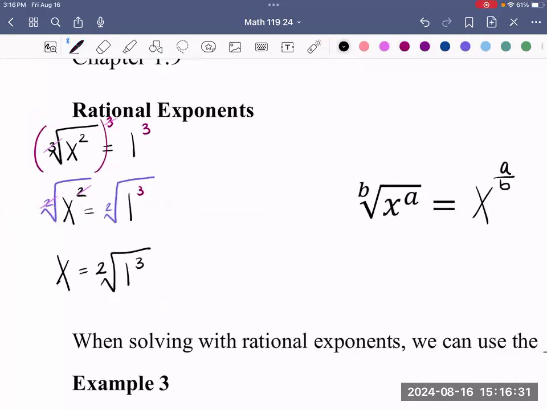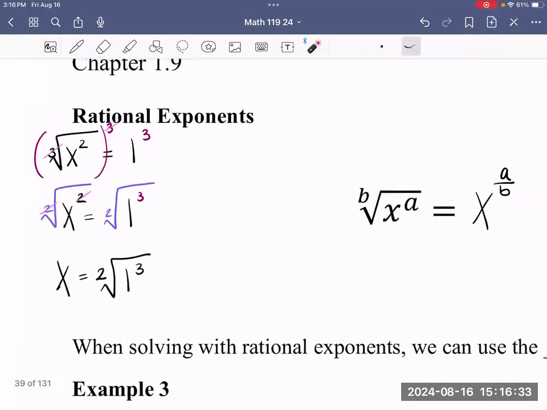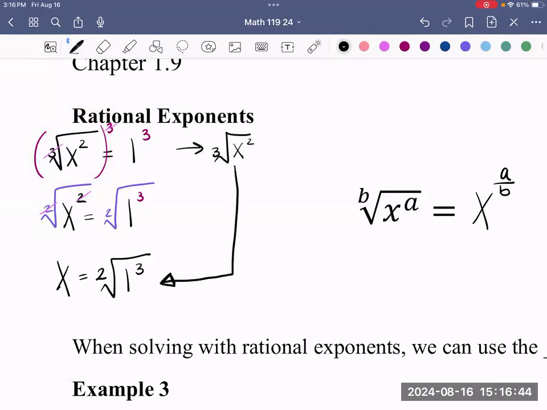Now, how does that compare to what you started with? Because what you started with was the cube root of x squared, and you finished with the square root of 1 cubed. Well, think about rewriting this as your fractional exponent.